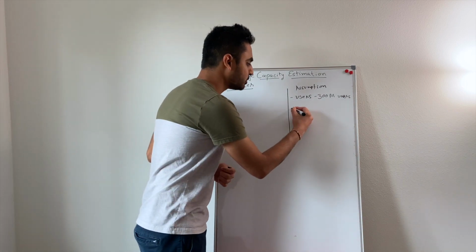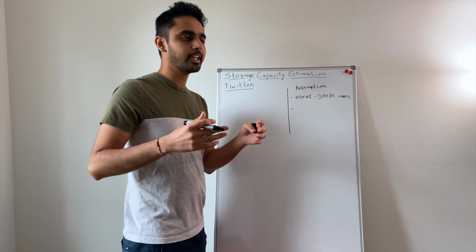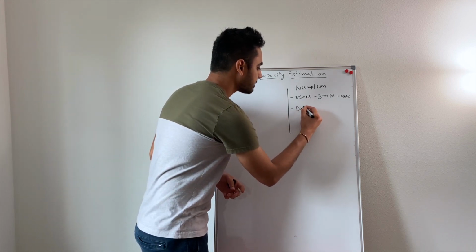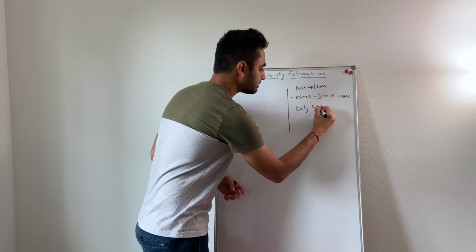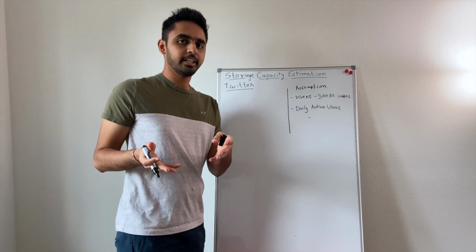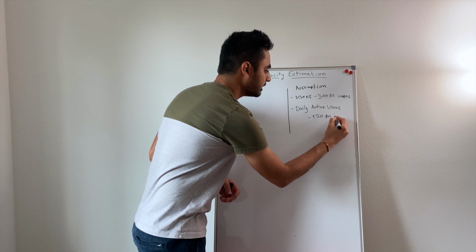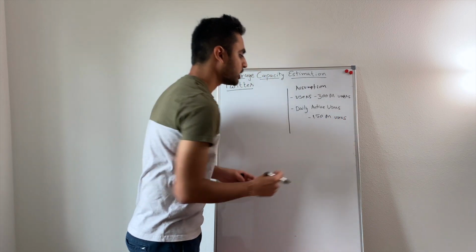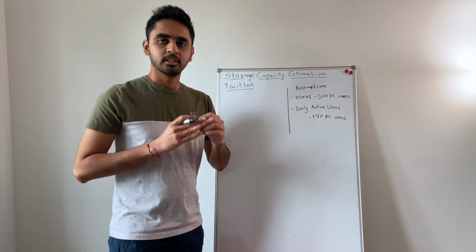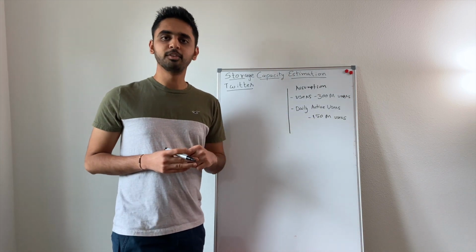That is the second most important assumption, or you can tell the real-time research number in the interview. I am taking 150 million daily active users. So now we have our first two most important assumptions for Twitter: 300 million total users, and 150 million daily active users.